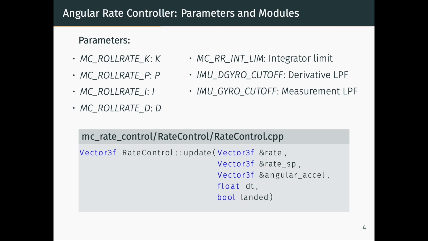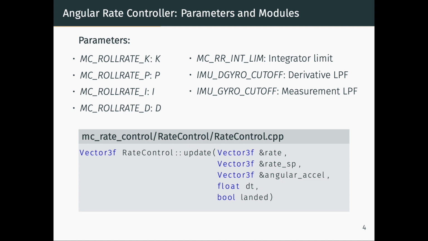Therefore, if the IMU gyro cutoff filter is sufficiently low, the derivative filter might not be needed. On the other side, if you are having problems with the noise on the derivative path, you can lower the derivative filter cutoff frequency without lowering the IMU gyro cutoff frequency. These are the most important parameters to be aware of when tweaking the angular rate controller.